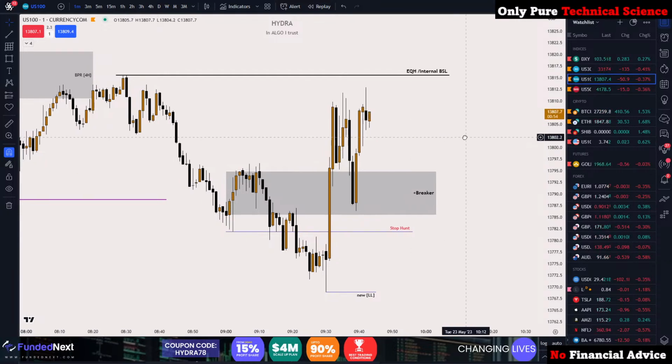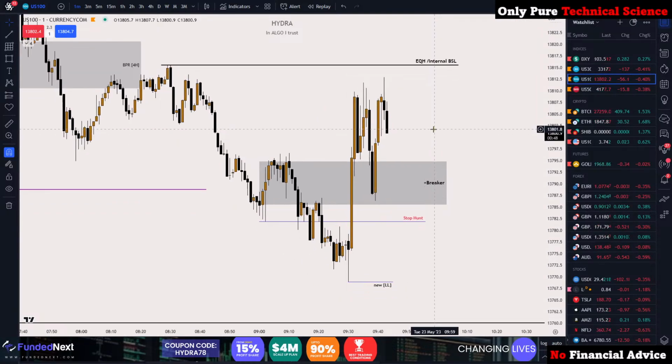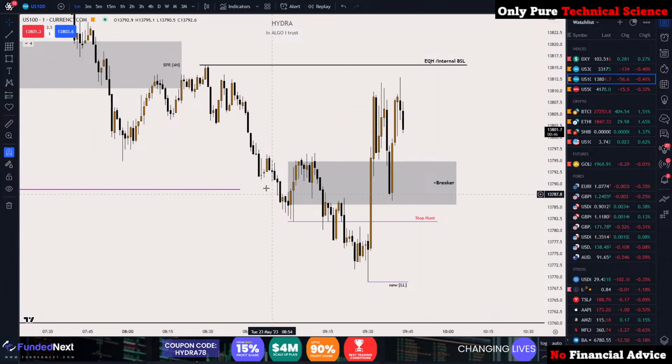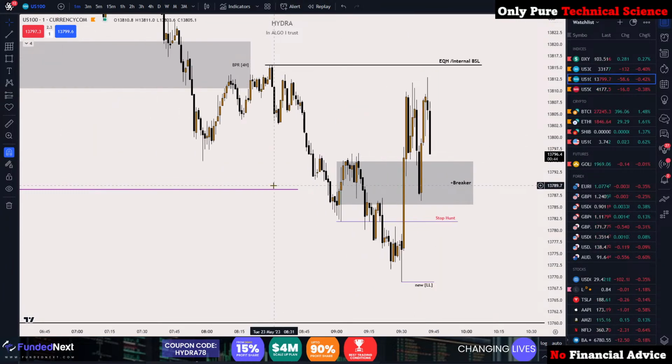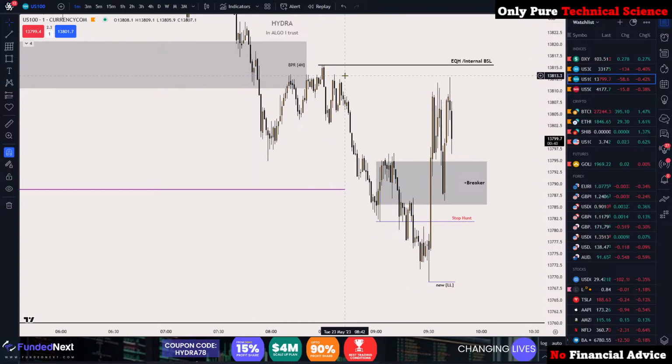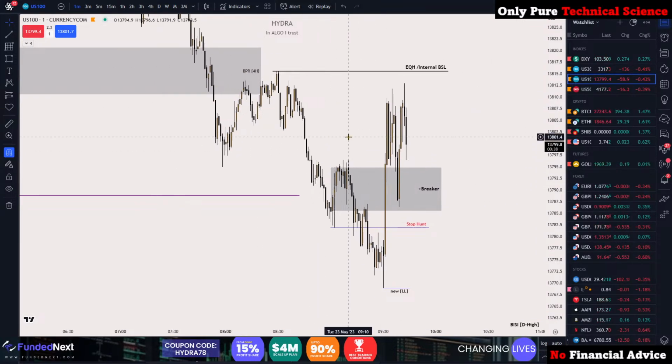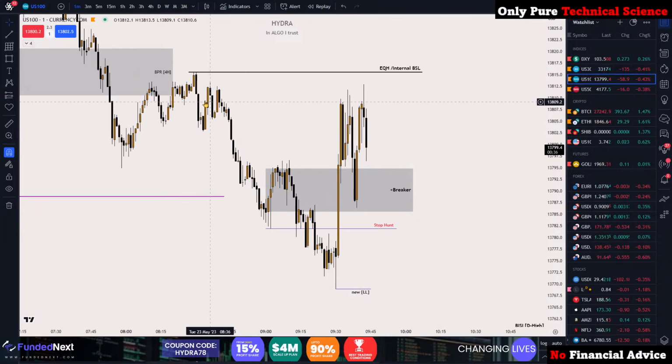So do you guys see how easy it is to identify a breaker block if you have a correct narrative, right? Don't be a pattern trader. Am I a pattern trader here? No, I'm not completely relying on a setup here. I'm building a narrative. I'm not taking into consideration other breaker blocks, like a breaker block here, higher high, new higher high.